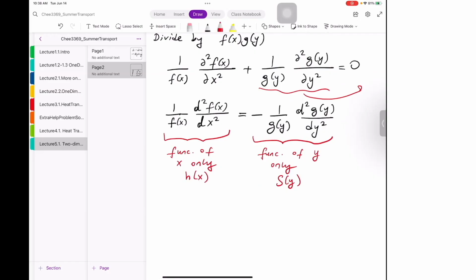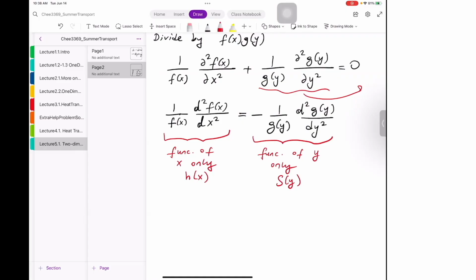But how can it be true? The left-hand side is a function of x, whereas the right-hand side is a function of y, and they are equal to each other. So how can we actually reconcile these two different things? Any suggestion? Does it have to be equal to a constant?